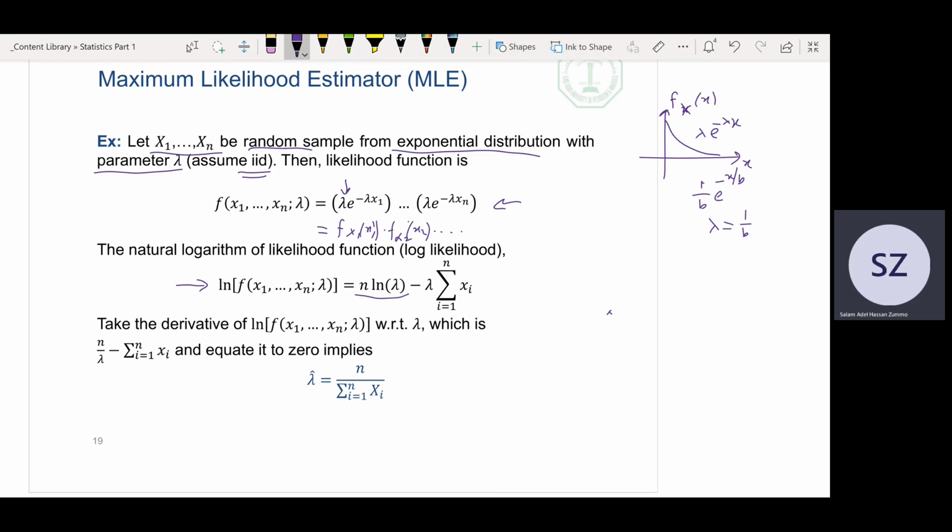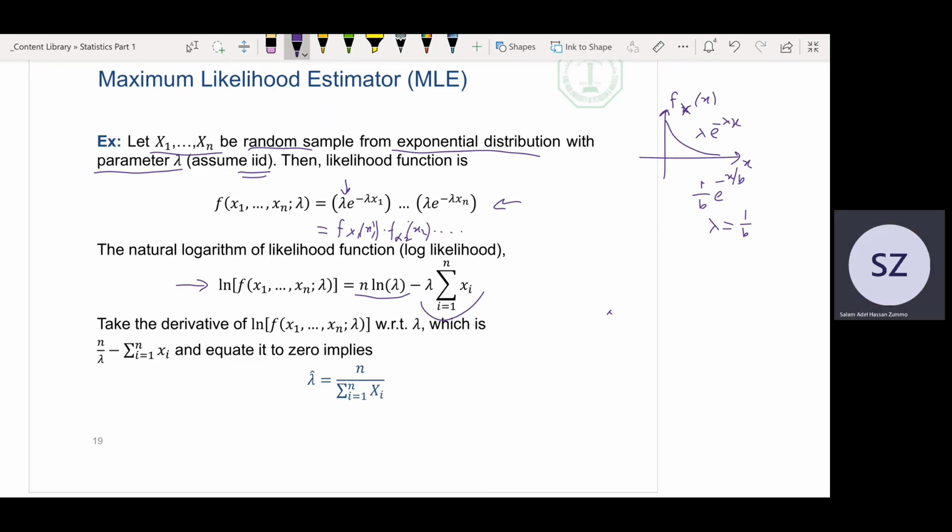So basically, this will be n ln lambda minus lambda times the summation of x1, x2, x3. We did not do much here. We only took the ln of this function.